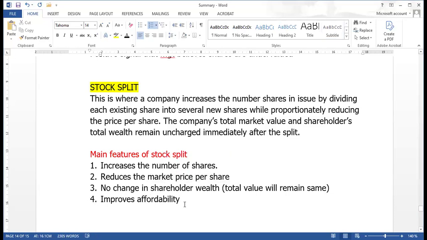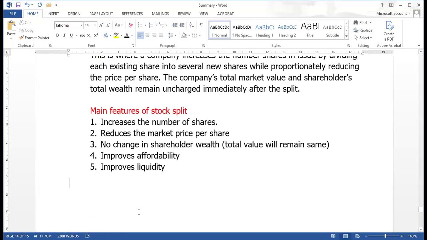It means that your shares become affordable to more investors, and if more investors can bring money, it also improves indirectly liquidity. This one improves liquidity. Why? Because more investors can participate in the trading. Because these shares are cheap, more investors will be in a position to bring more money. So you see, points can come out clearly.